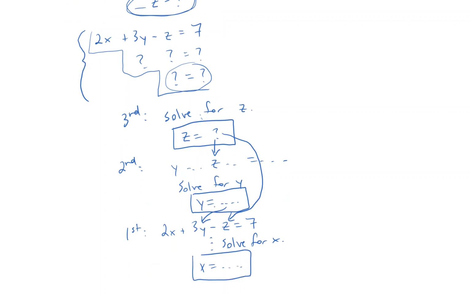Once you know your x, y, and z, write your answer as an ordered triple. Okay? So pause and keep working on this, rewind as you need to, and see if you can figure out x, y, and z, put them into an ordered triple, and when you come back, I'll give you the answer that you can check with yours.